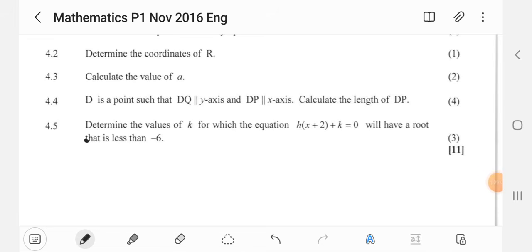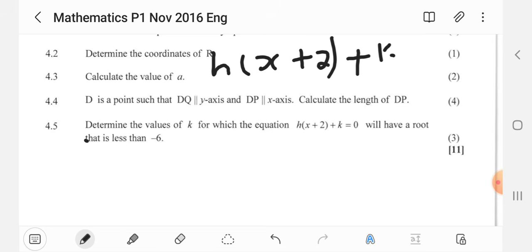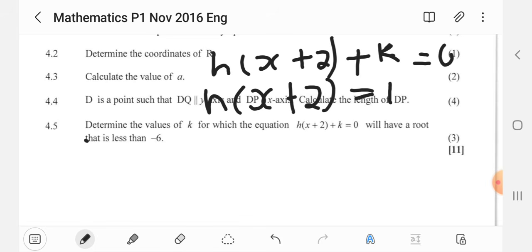So determine the values of k for which the equation h at x plus 2 plus k equals 0 will have roots that are less than... So that will be h at x plus 2 plus k equals 0. Then you just say h at x plus 2 equals negative k.